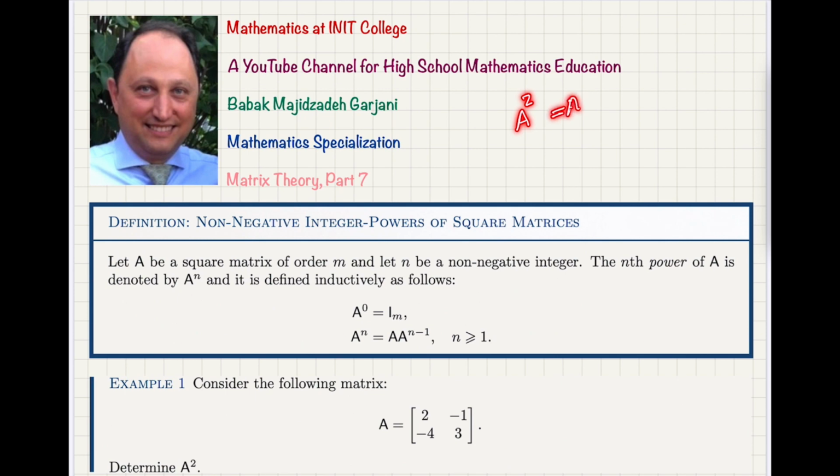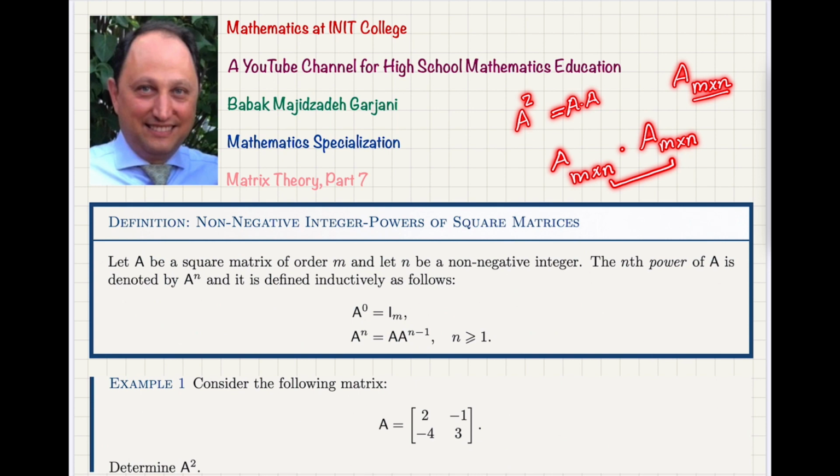This means I want to multiply the matrix A by itself. If A is a rectangular matrix, say m by n, then multiplying an m by n matrix by itself, which is also m by n, is not possible, because these two numbers have to be the same.